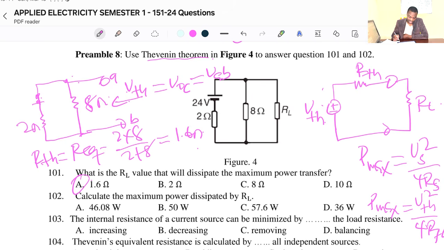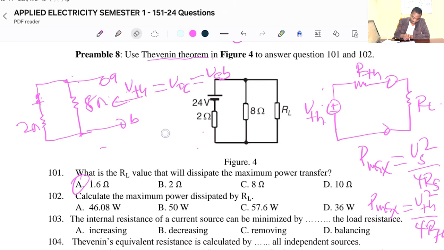So VTH becomes equal to the voltage across the 8 ohms resistor.